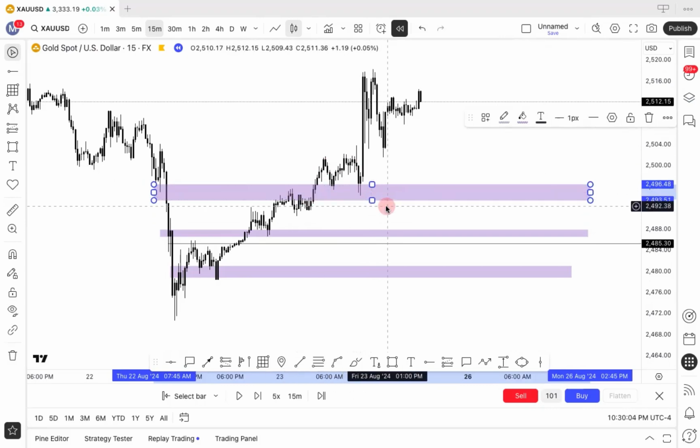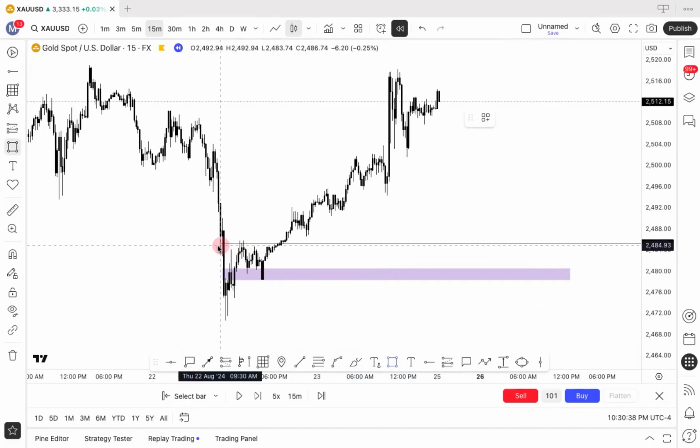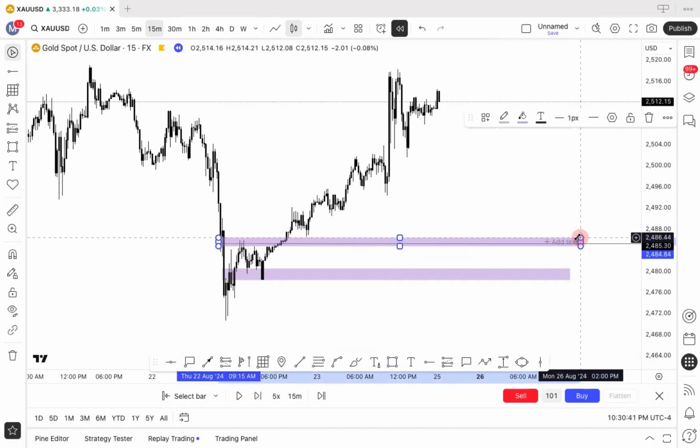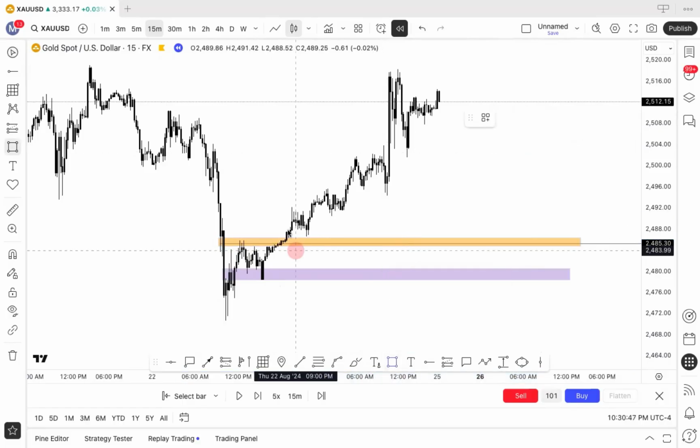Okay, so I don't even want to get specifically into how you should draw your zones, but what I want you guys to understand is how we use support and resistance. So remember I said support will always be lows and resistance will always be highs, right? Okay?